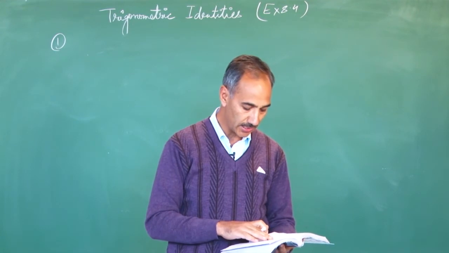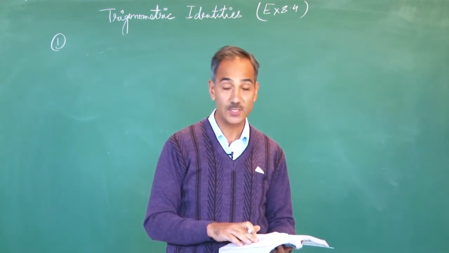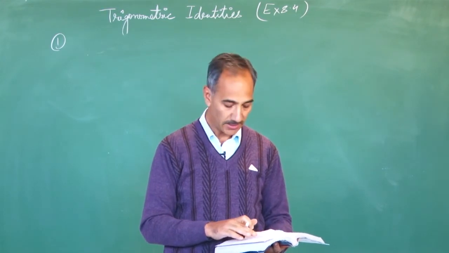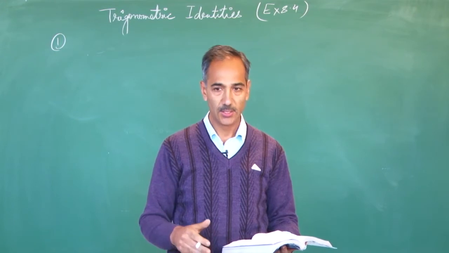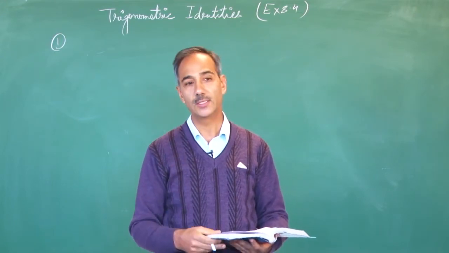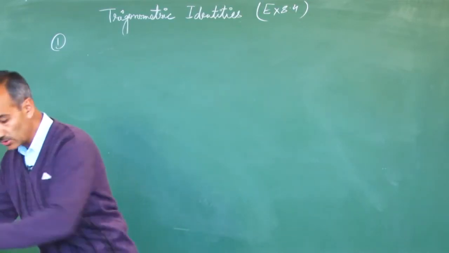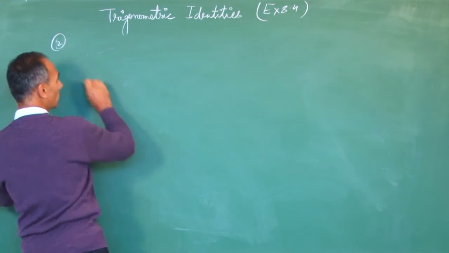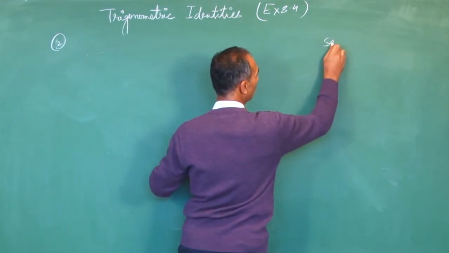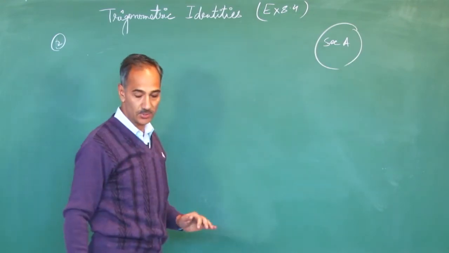Question 2 says write all other trigonometric ratios of angle A in terms of secant of A. Let me take this one second, because you have to express all 5 in terms of secant. So all 5 T ratios to be expressed in terms of secant of A. That is your question number 2. So he has identified secant of A. So remaining 5 to be expressed in terms of secant.